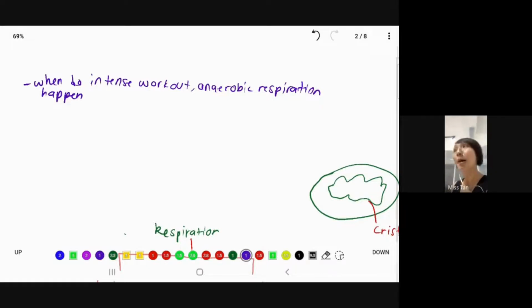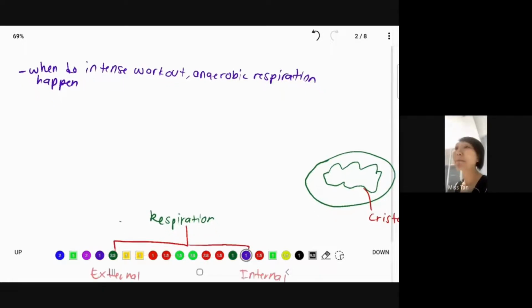What about plants and yeast? For the sake of survival, plants will also undergo anaerobic respiration. What do you mean by that, teacher? Like some plants, if you overwater them until they are covered, they will still survive for 1-2 days. They won't die all of a sudden, but they will die eventually. Why?